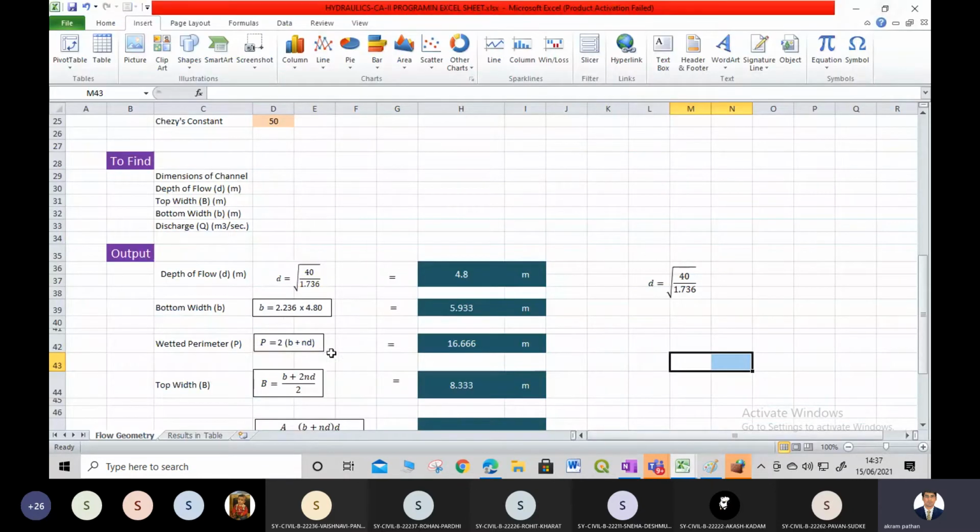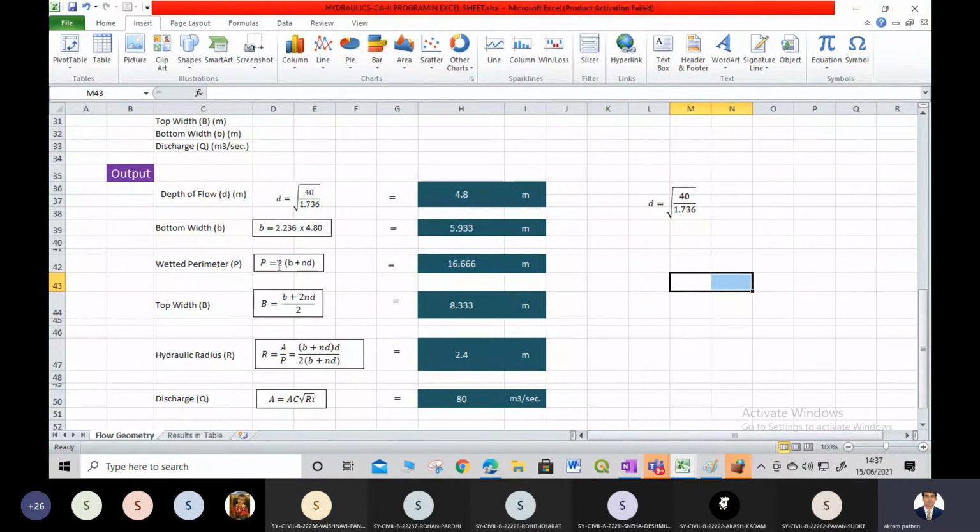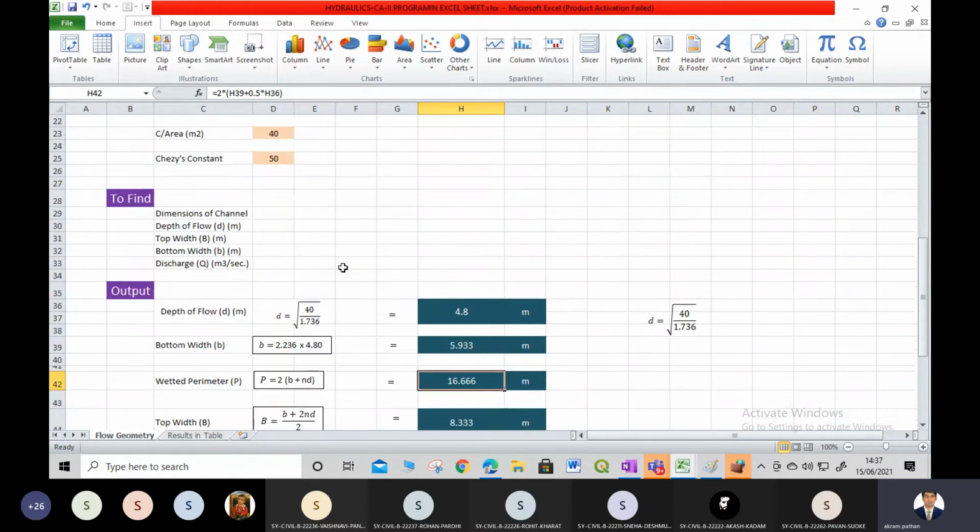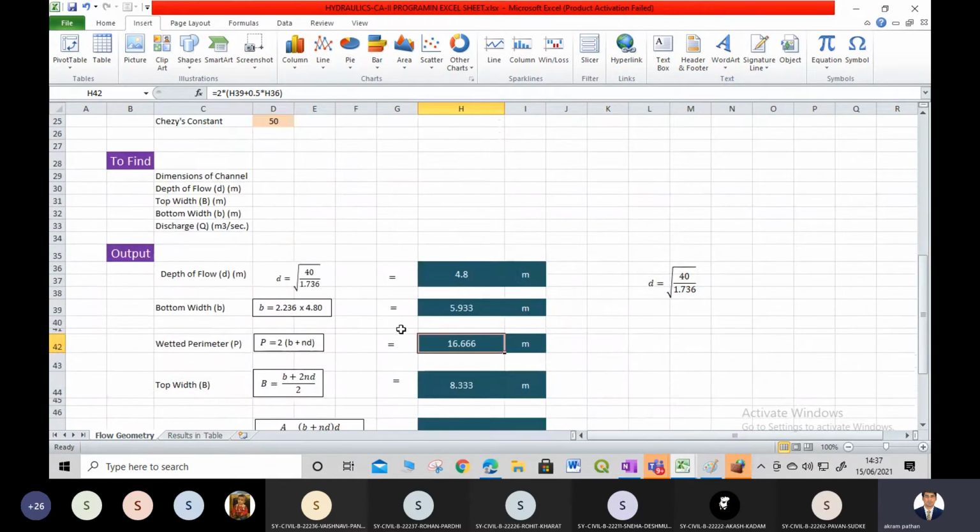Then we have to insert this equation for the perimeter. The perimeter for a trapezoidal channel is 2 times in bracket B plus ND. So this is the perimeter. Similarly we have to do 2 in bracket B, we have calculated B, plus N, what is N? 0.5.